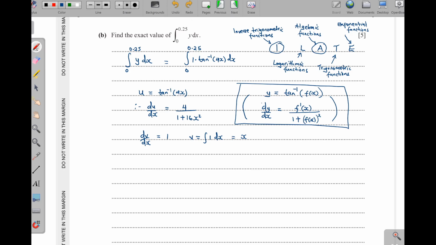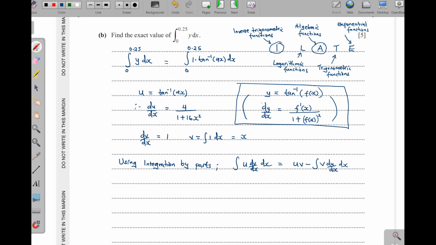The integral of u dv/dx with respect to x is equal to uv minus the integral of v du/dx. You see that? Now, this is the one we are going to use, integration by parts.